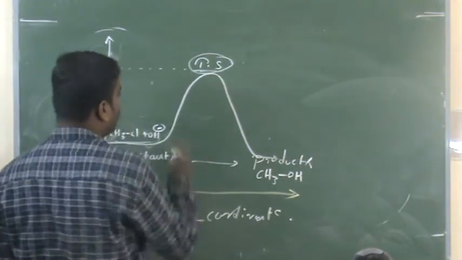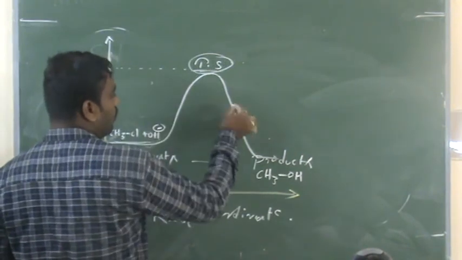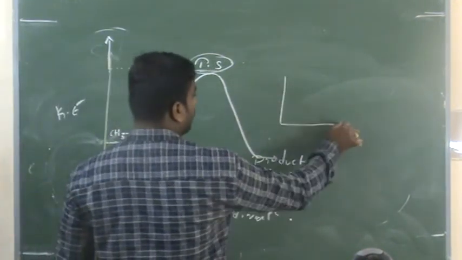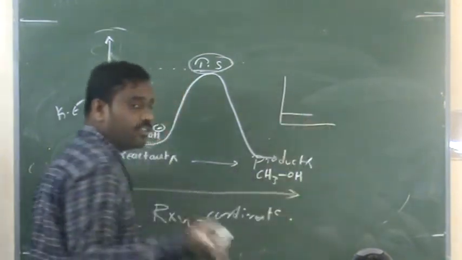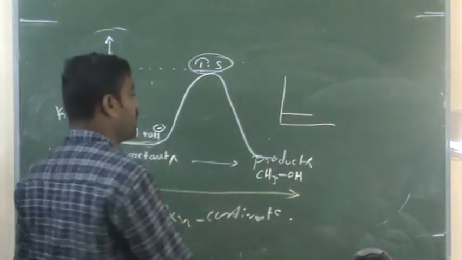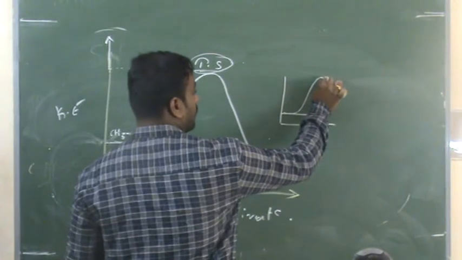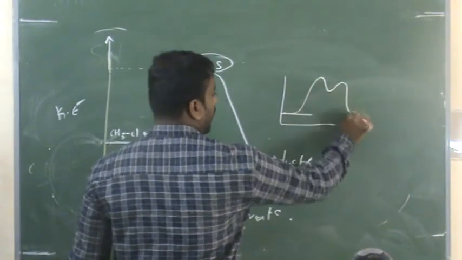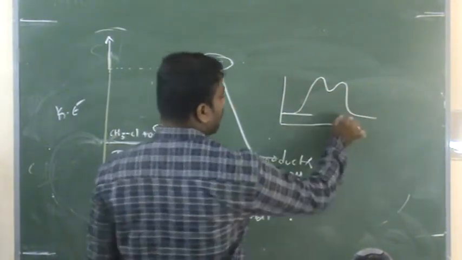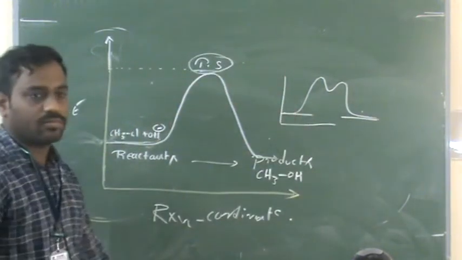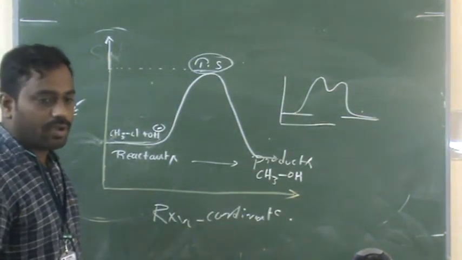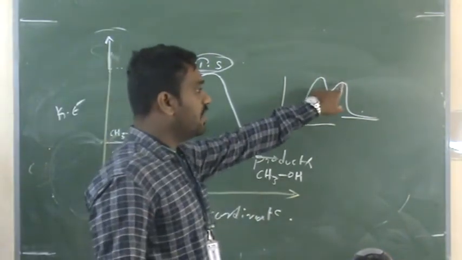We have seen already, suppose an intermediate is there. It is in the previous video. If an intermediate is there, it forms a transition state, then forms an intermediate, then again a transition state, and then forms the product. This type of graph we are expecting when an intermediate is there.